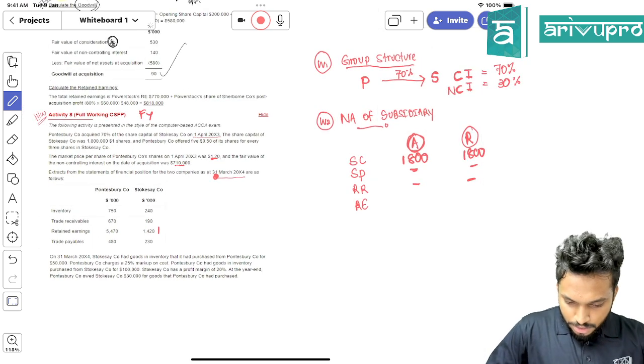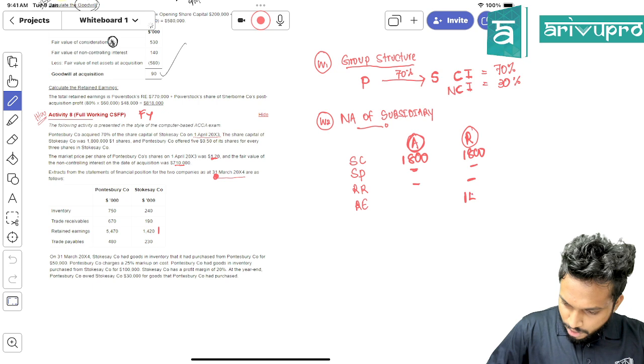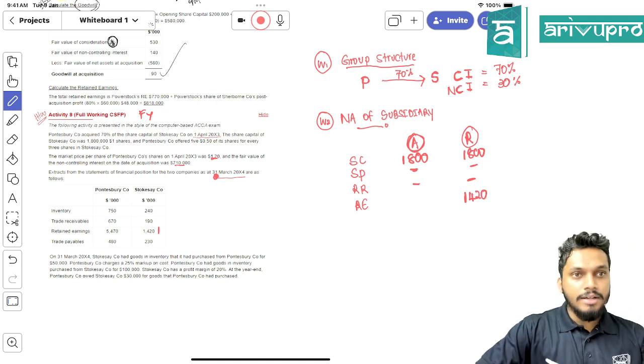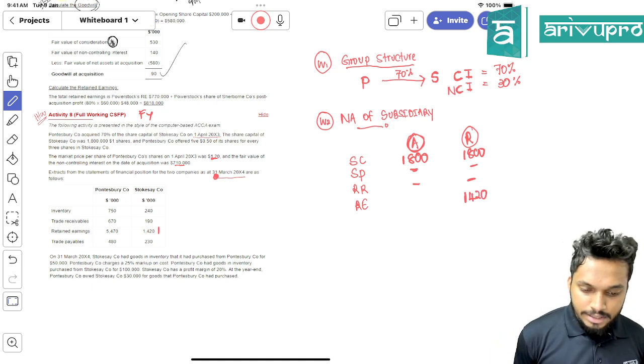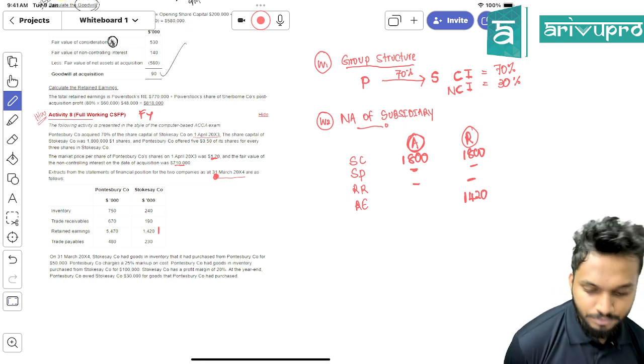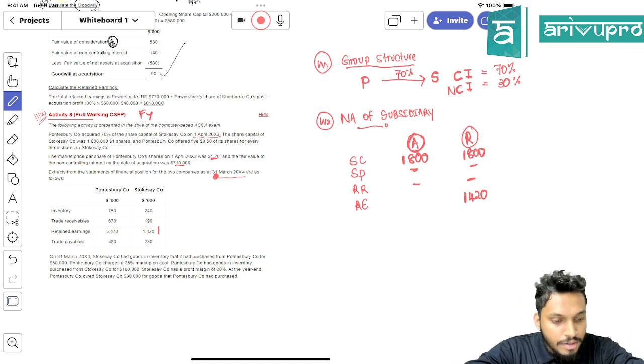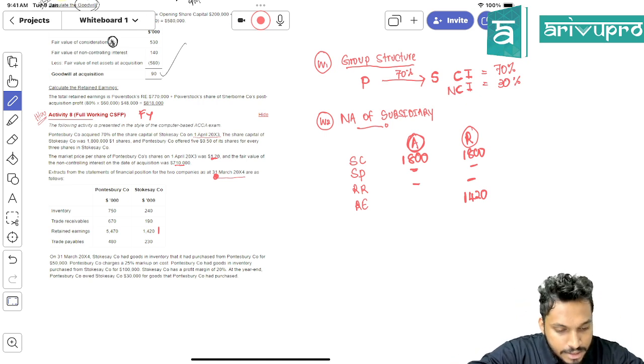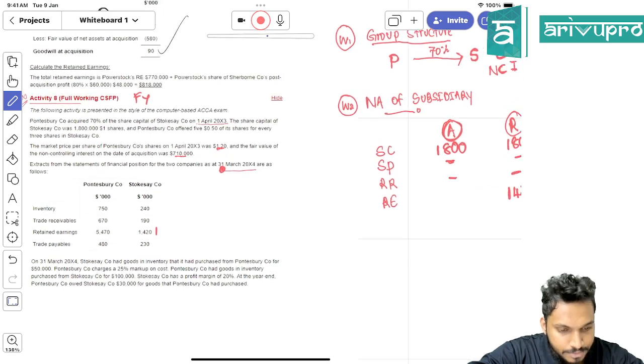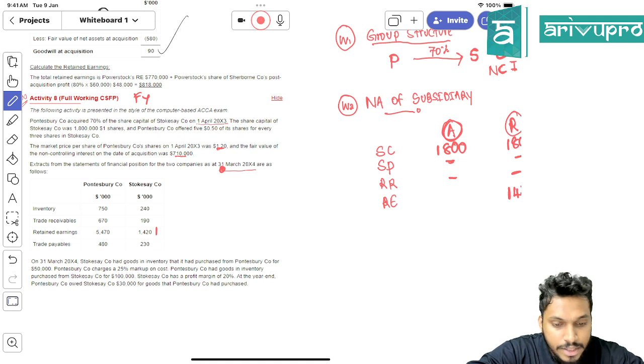So that needs to be 1420. Am I correct? So what is the retained earnings at the start? Have they given it? What is the retained earnings for the period?